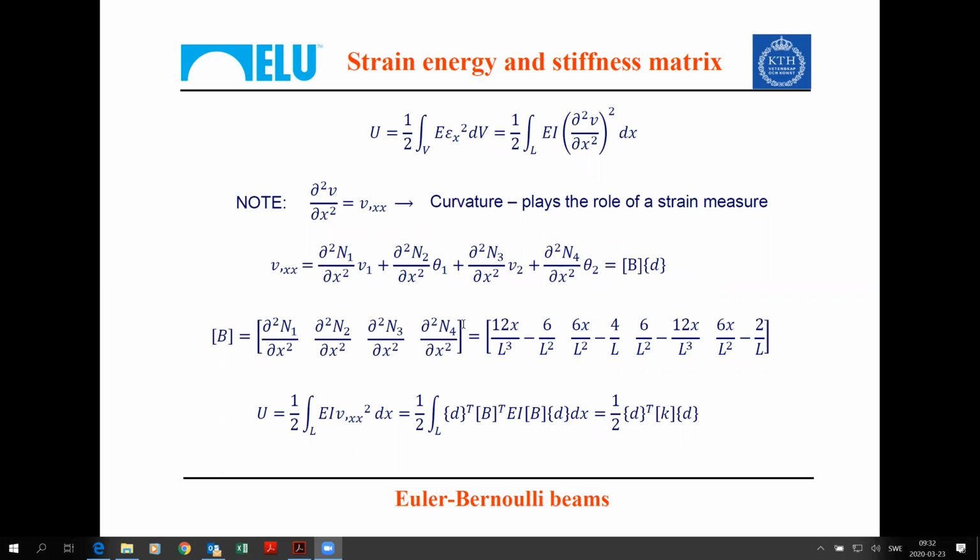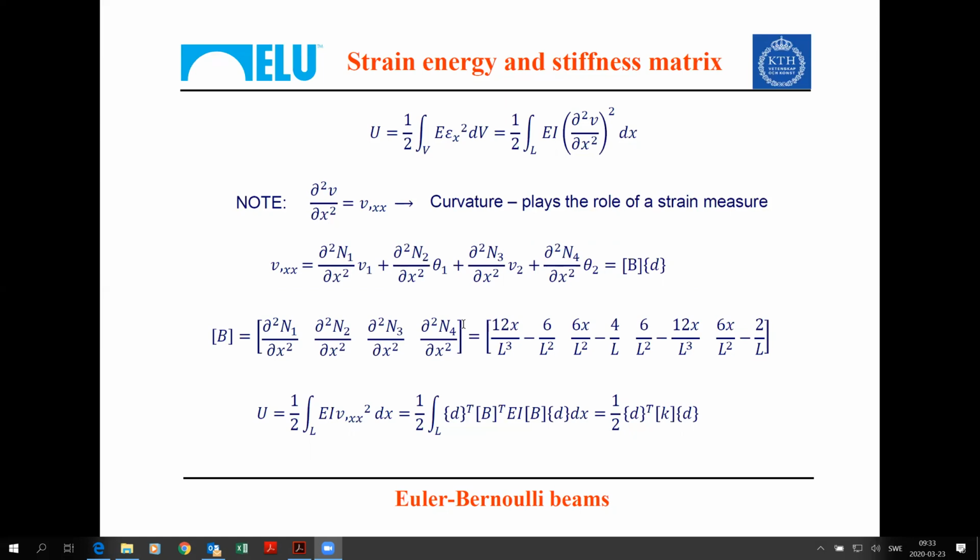Okay, having said that, let's look at the expression of the strain energy and of the stiffness matrix. The strain energy, please note that we only have one strain component, which is epsilon x. So the strain energy would be half the integral over the volume of the beam of E epsilon x squared dV.